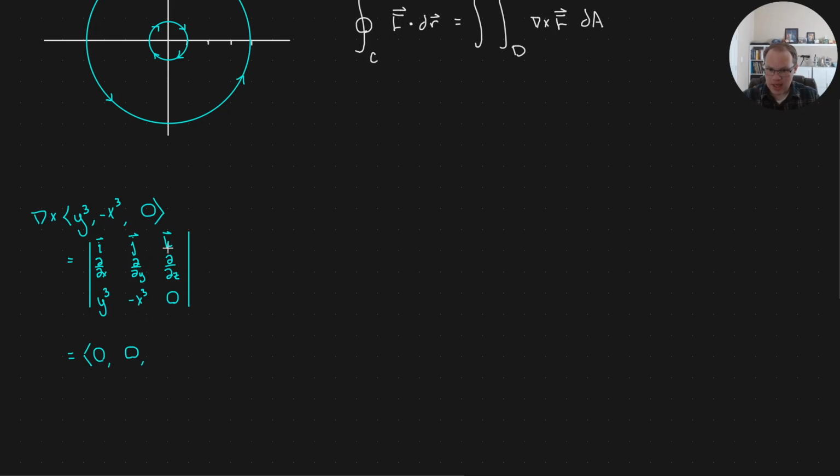Okay. Finally, the k component, last component of our vector, partial derivative of negative x cubed with respect to x, minus partial derivative of y cubed with respect to y. Okay, so that's the curl of the vector field embedded in 3 dimensions.